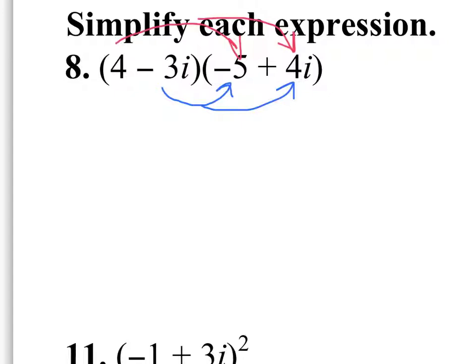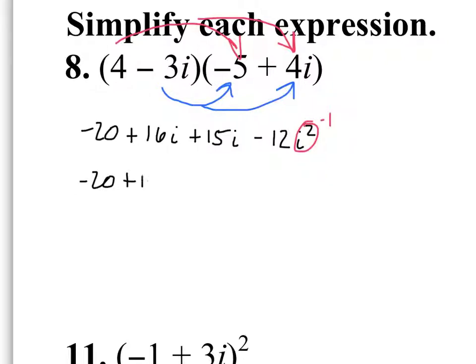All right, so we now have -20 plus 16i plus 15i minus 12i squared. But what's i squared? Negative 1. So I'm going to rewrite here. We've got negative 20 plus 16i plus 15i plus 12.